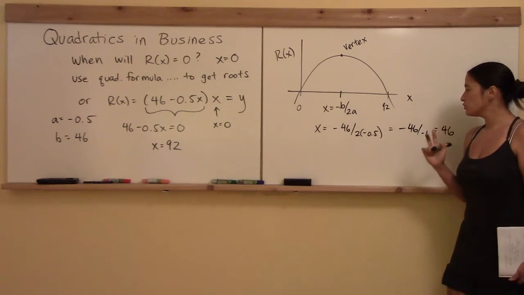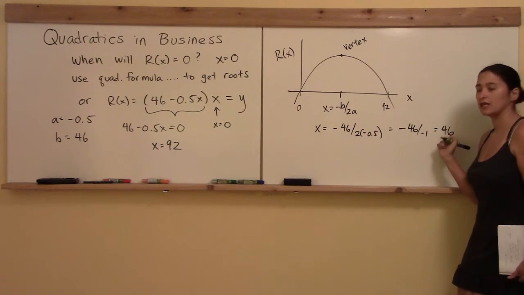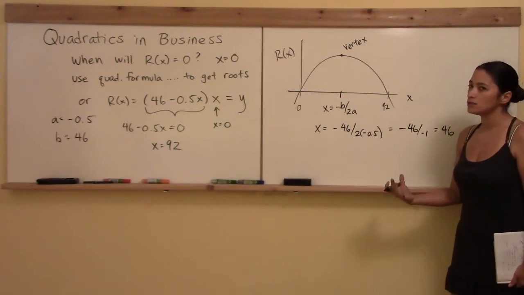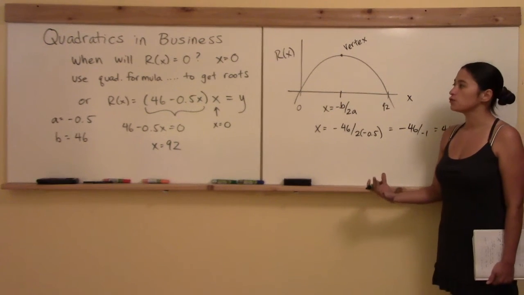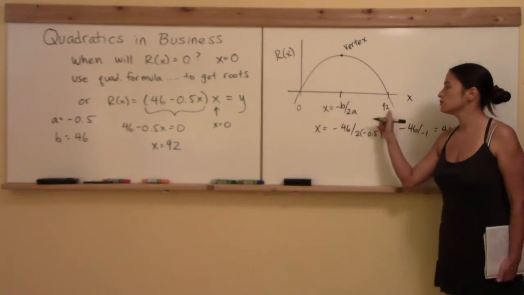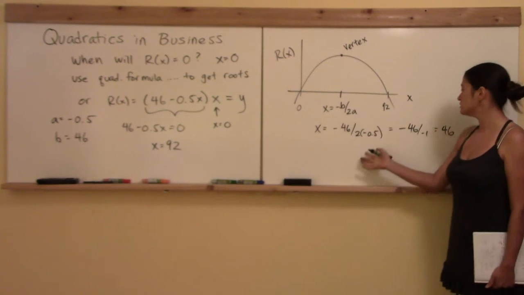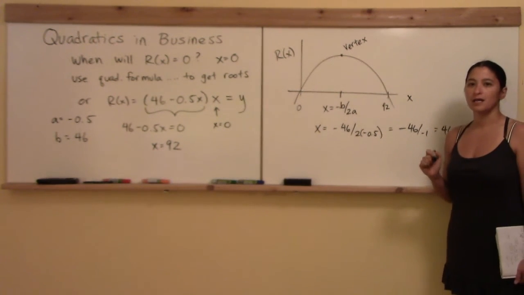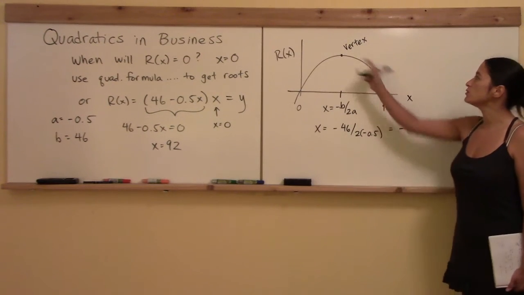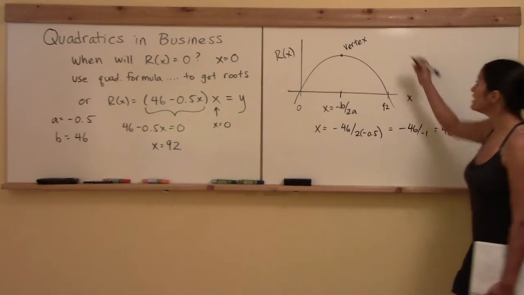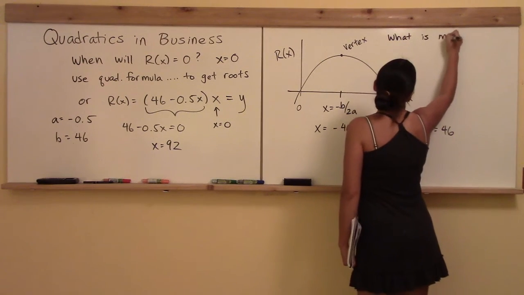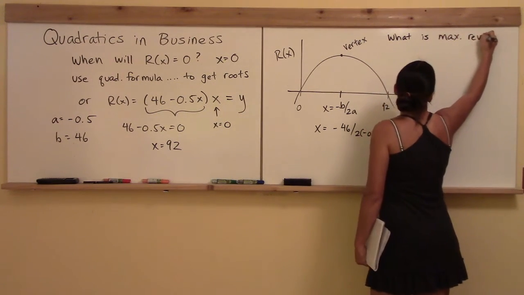So there's two ways for you to figure out the vertex. One way is the vertex formula. The other way, you'd only want to use it if you already computed the roots. But if you do have the roots, then it's just the average of the two roots. So 46 items is the number of items at which my maximum revenue will be obtained. But what is my maximum revenue? What is the maximum revenue possible?